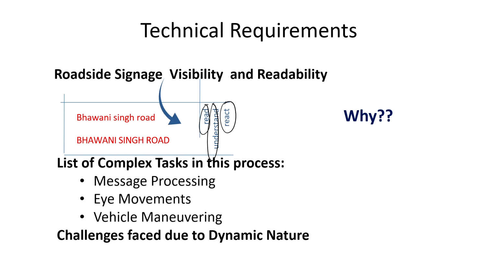There are certain challenges due to the dynamic nature of vehicle speed. Because drivers are usually moving at a high speed, viewing a sign becomes more challenging. They need to process the information rapidly while also staying safe on the road.